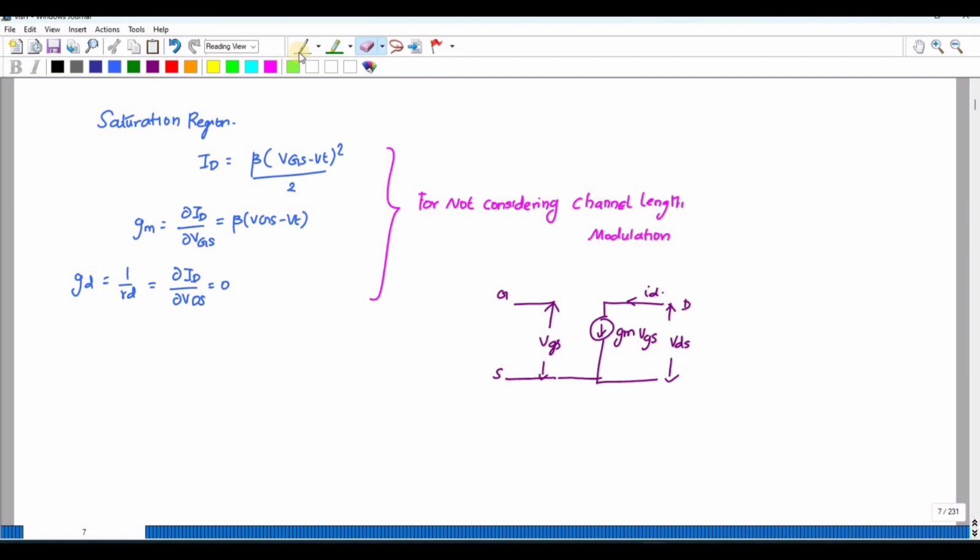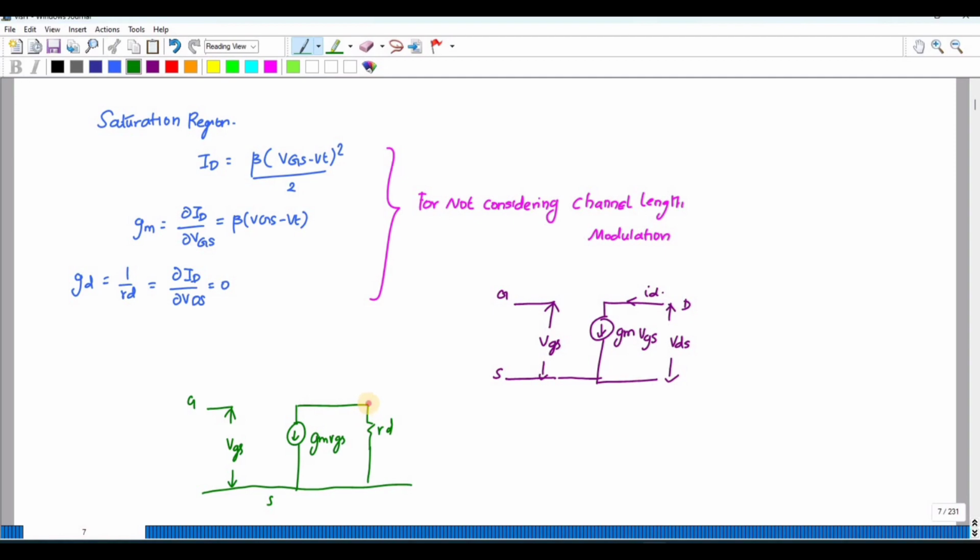I can draw the overall small signal model for the FET for the common source configuration. I can write VGS between the gate and the source, and draw the current source GM VGS in parallel with RD.